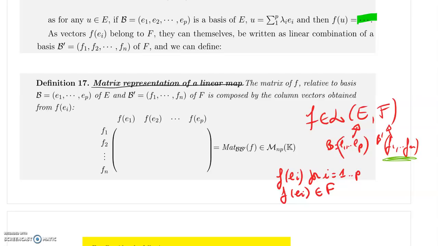All right, so here I put in each column the coordinates of F of EI in the basis of the codomain. Okay, so I can build a matrix that has in each of its columns the images of each of the vectors of the basis of the domain.